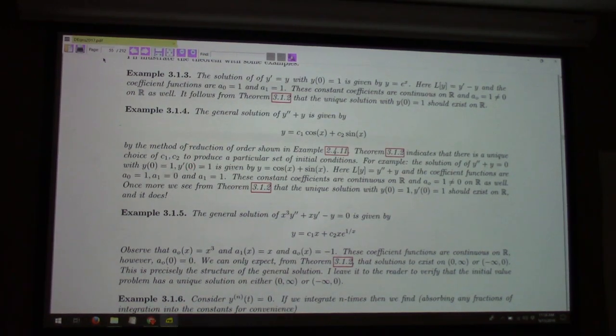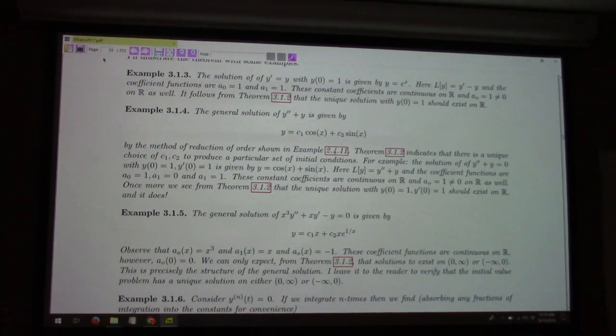First of all, that 0 could be any real number. You could be given an initial position and velocity at any real number, if we think about the independent variable being time. And there is a solution which fits that initial velocity and that initial position at that time. That's the existence and uniqueness theorem.